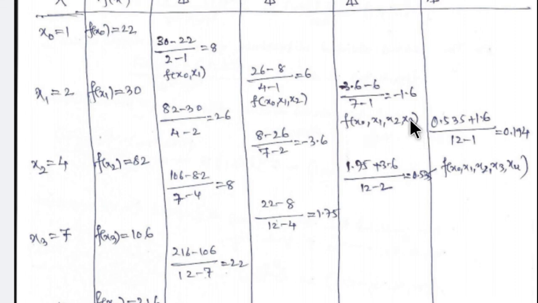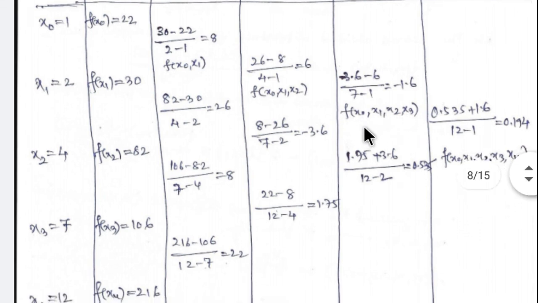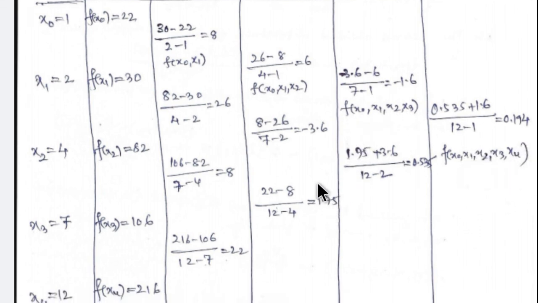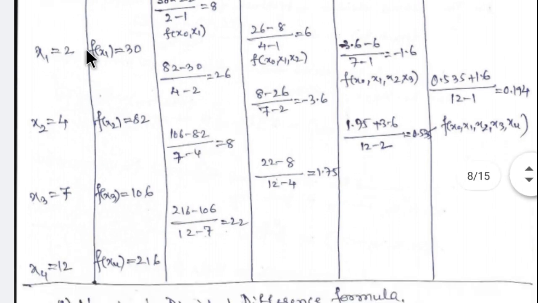Next, 1.75 plus 3.6 divided by x4 minus x1, 12 minus 2, gives 0.535.